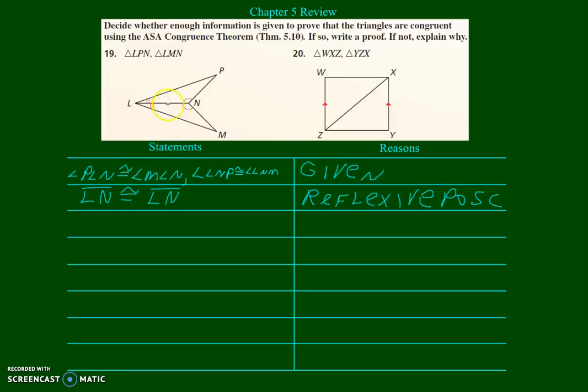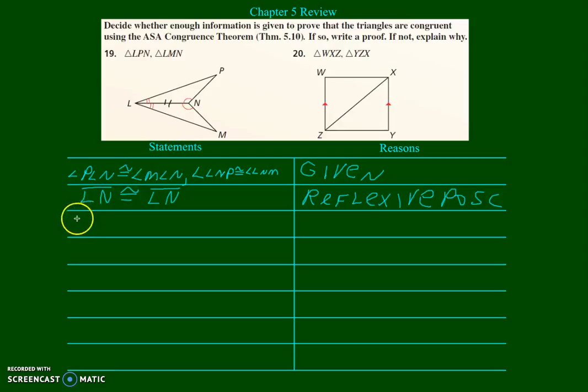So I now have this side congruent to itself. So I have angle, side, angle.